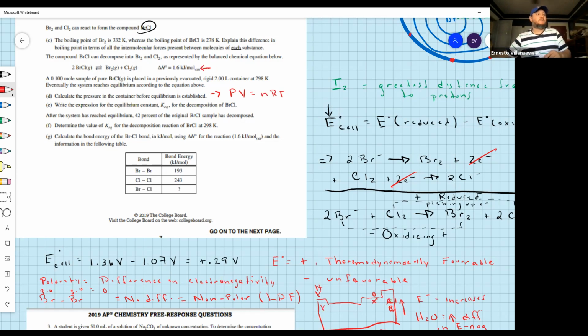P represents pressure, V represents volume, n represents moles of gas, R equals the gas constant, and T is temperature.